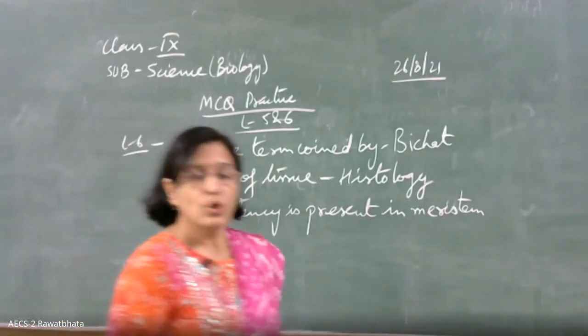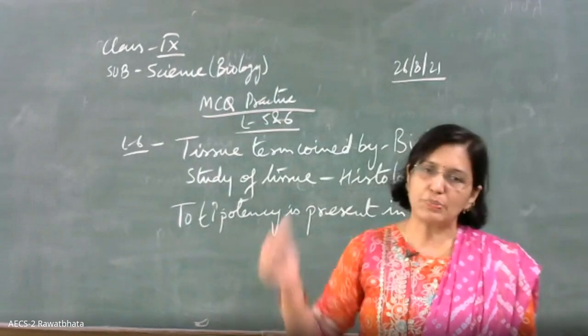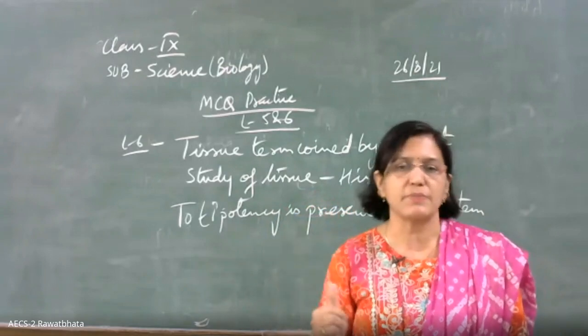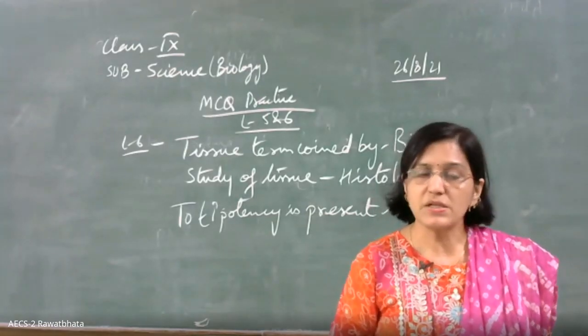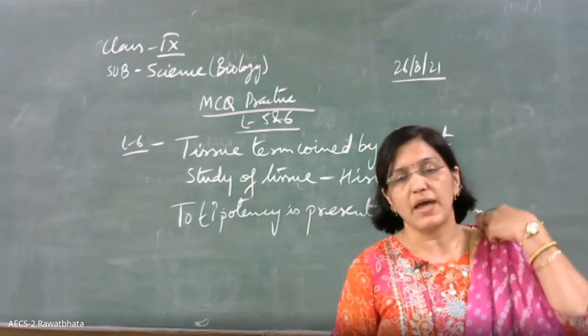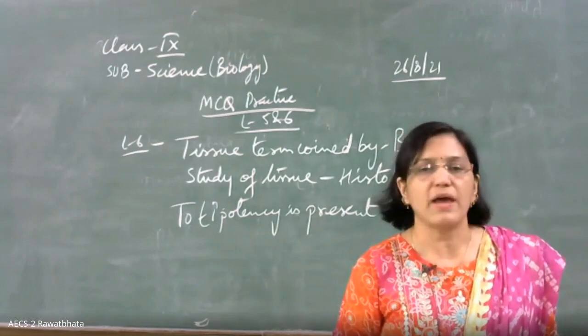No, let me tell you. Totipotency is actually the capacity to divide. That is present in case of all meristematic tissue. Ma'am, what is the meaning of totipotency? I just told you a moment ago. They have this caliber and capacity to divide. All cells will not have that.